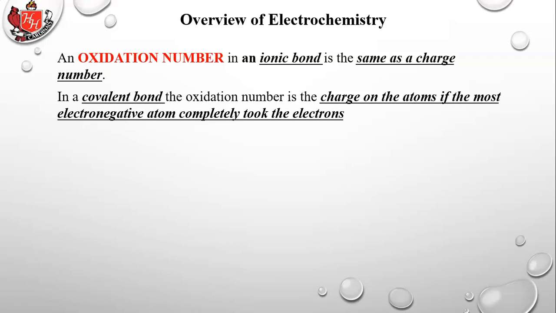The more electronegative one takes electrons away from the less electronegative element. That means oxygen would take the 2 electrons away from hydrogen, 1 from each hydrogen. That makes it a 2-, and each hydrogen would become a 1+. So hydrogen would have a 1+ oxidation number, and oxygen would have a 2-.